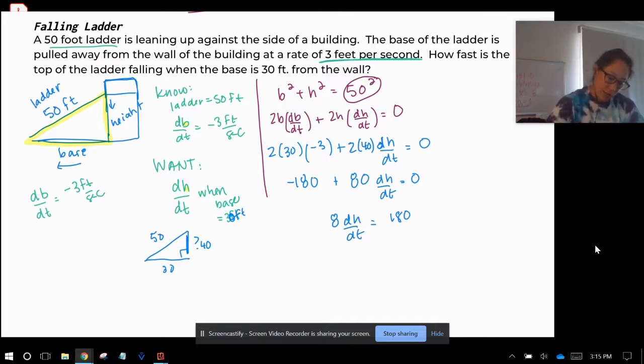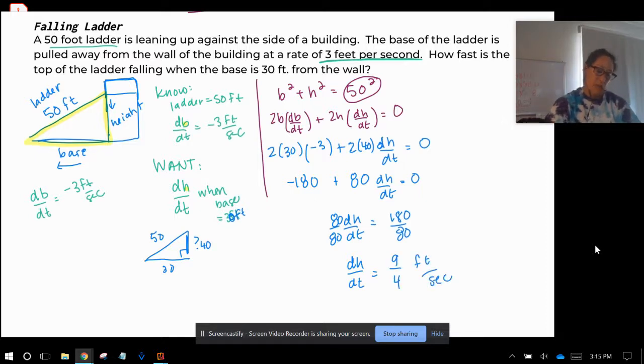I know what I did wrong. I can see it. Divided by 80 to get dH/dt by itself is 60. Okay, so check it out. Wait, that's not 60. Okay, I got flustered. It's 9/4 feet per second.